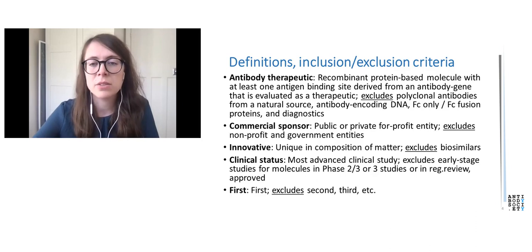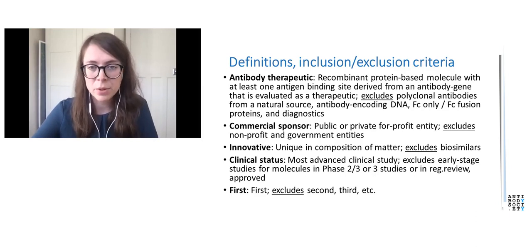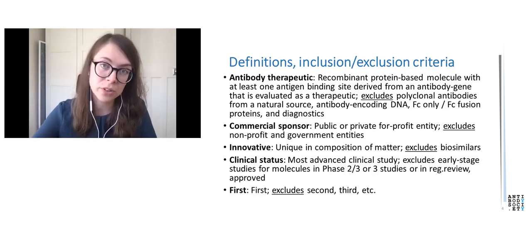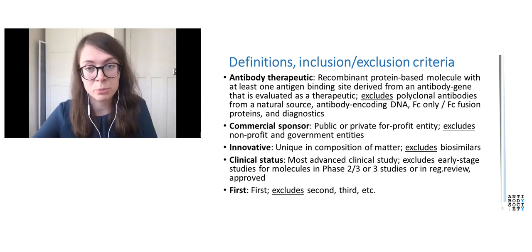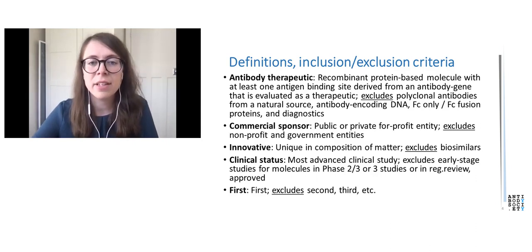So this excludes all the polyclonal antibodies from a natural source, antibody encoding DNA because it's not a protein, Fc-only fusion proteins because they only have the Fc portion of the antibody and not an antigen binding site, and everything that is just meant for diagnostics.